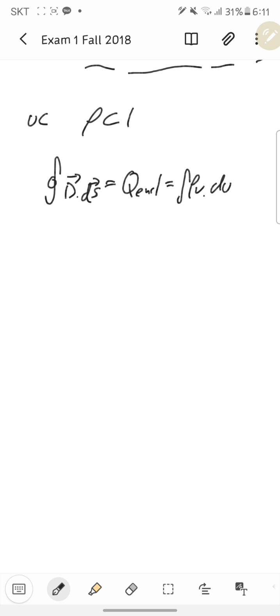And in this case, we have a cylinder. D is in the rho direction. In other words, D only has a component in the rho direction. So the top and bottom parts of the cylinder would be negligible since their integrals would be just 0. So we can look at the side only.